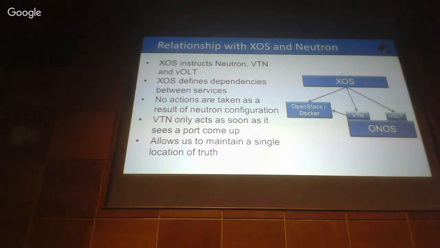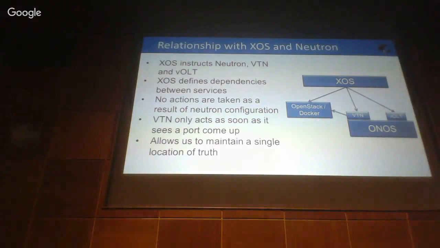So what happens is XOS instructs Neutron, VTN and the VOLT about a new network. The XOS defines the dependencies between these two services, which is essentially the edge of the service graph. So when Neutron is configured with a new network, nothing happens on the data plane.